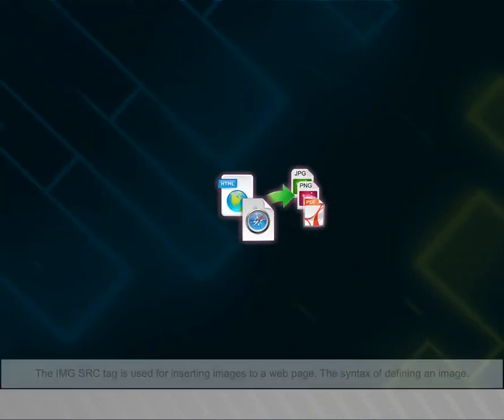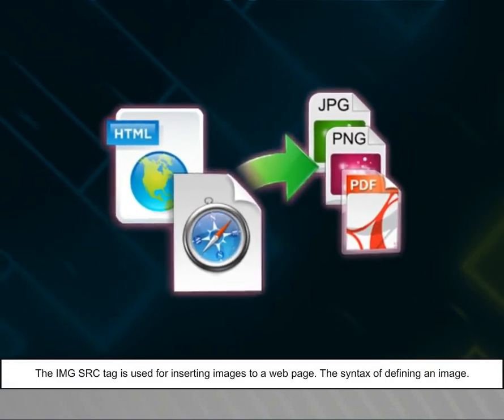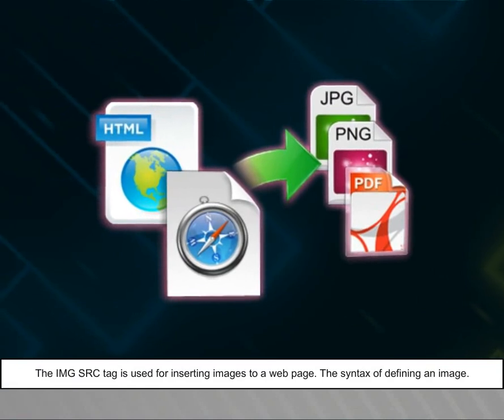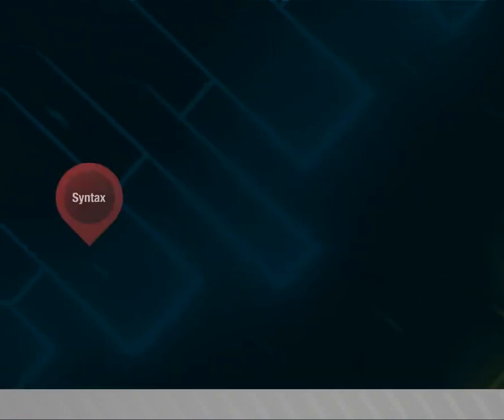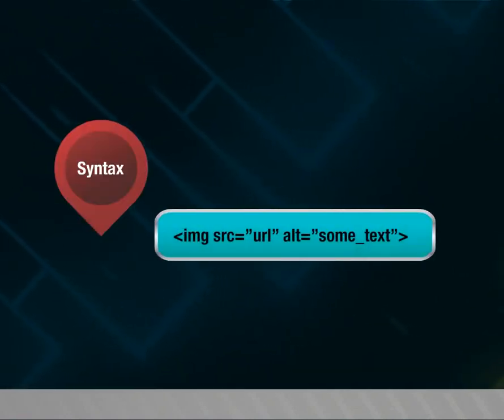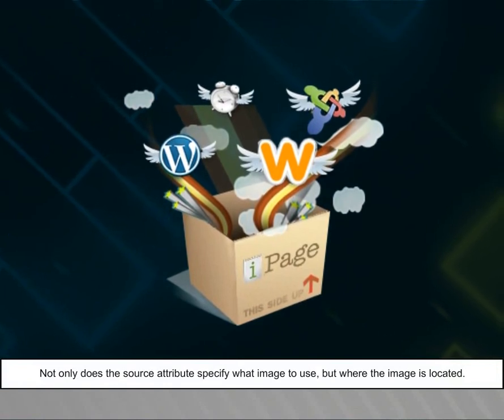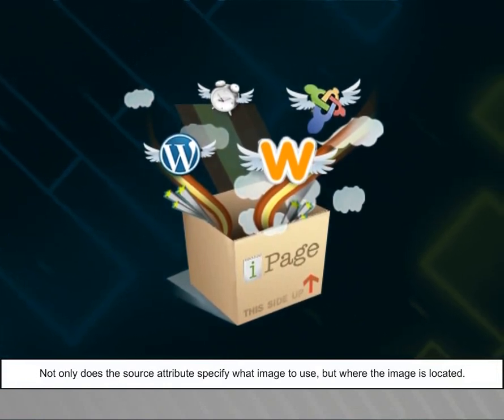The image SRC tag is used for inserting images into a web page. The syntax of defining an image. Syntax. Not only does the source attribute specify what image to use, but where the image is located.